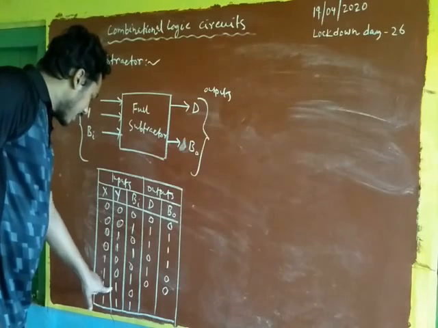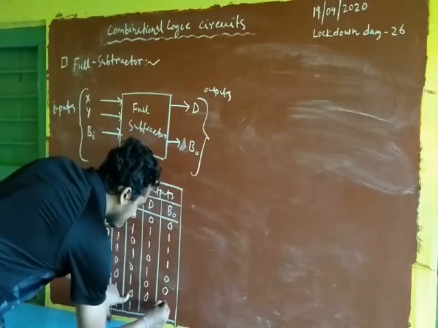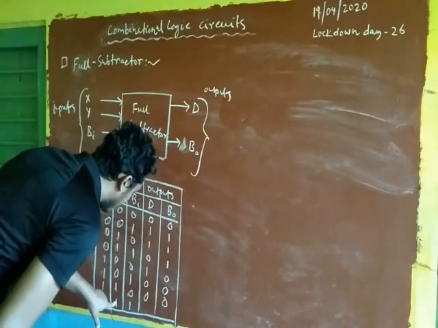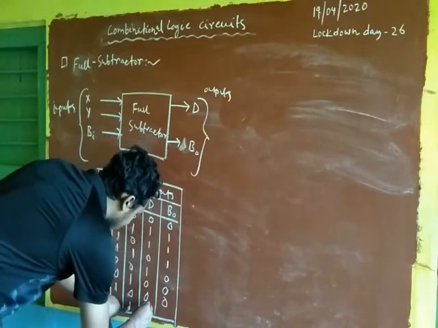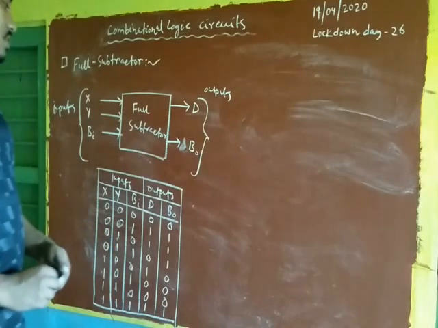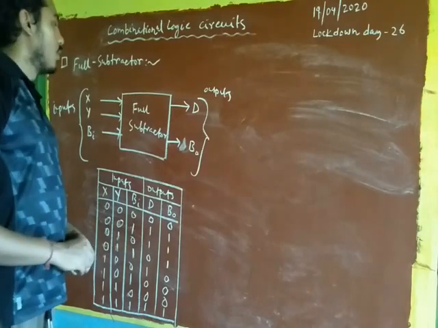Now here 1 minus 1 is 0, and 0 minus 0 is also 0, so there is no borrow. Now the last one, 1 minus 1 is 0 and this 0 minus 1, so difference is 1 with borrow 1. Okay. So this is the truth table for the full subtractor.